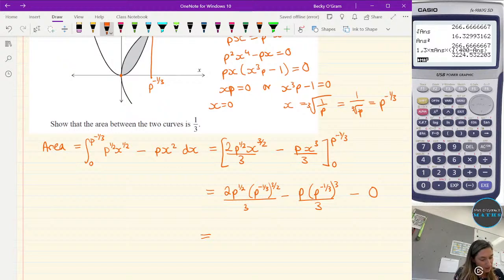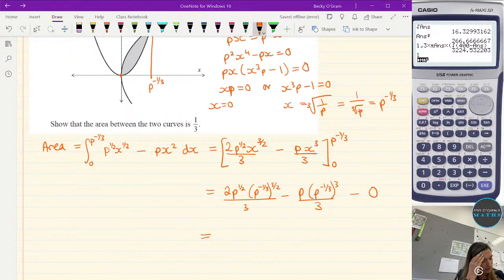If we do powers of powers, those two things get multiplied. So that is, hold on, let me put that bracket back in. If we do 1/3 times 3 over 2, we get 1/2, and this one will be a negative one because it was actually a negative third.